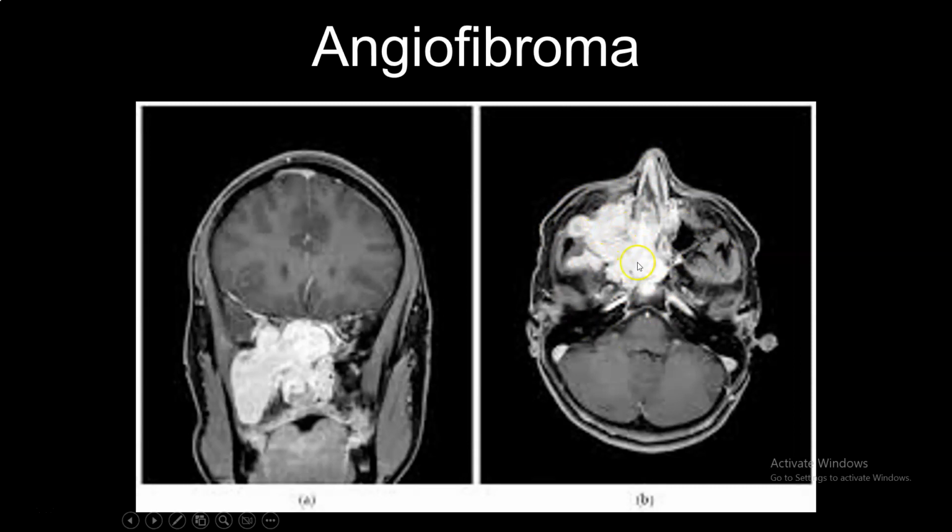It looks horrible in the MRI, and it looks like you can never take it out. Believe me, I operated on about 37 cases of angiofibromas, and I do it with an ENT colleague.